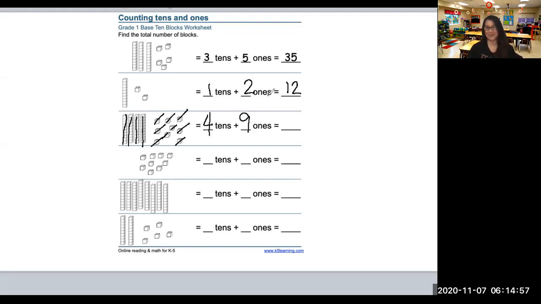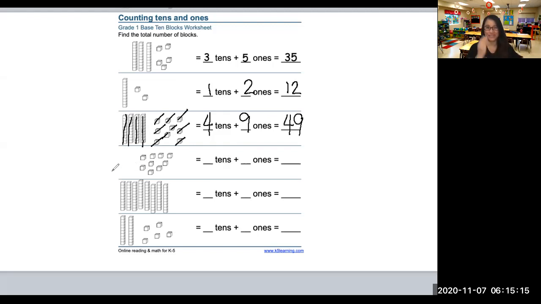There are 9 ones. Wonderful job. When we have 4 groups of tens and 9 ones put together, we have the number 49. Awesome job. How about the next one?